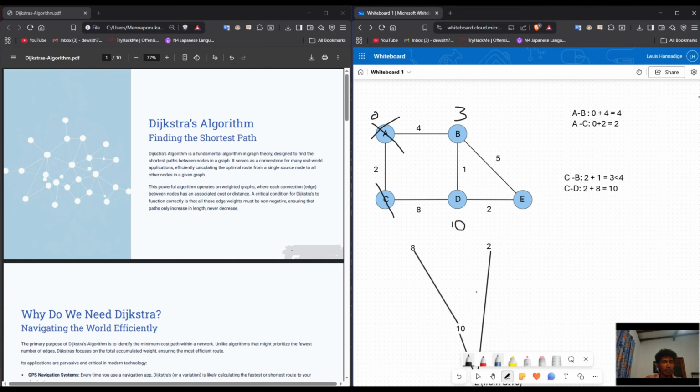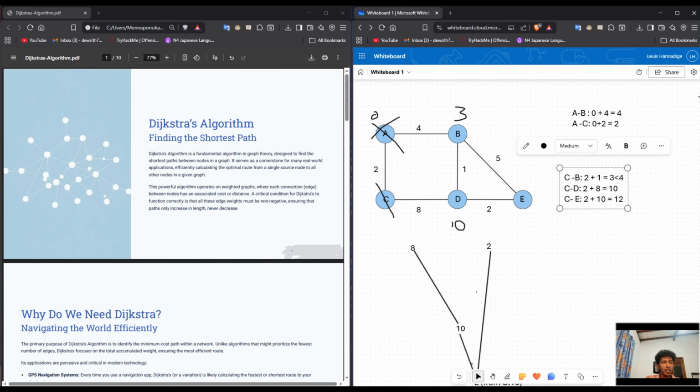We will find C to E. C to E is 2 plus 10, getting the distance as 12.